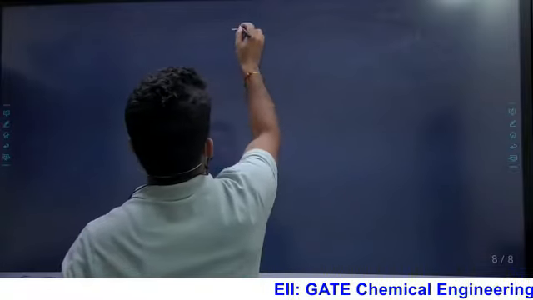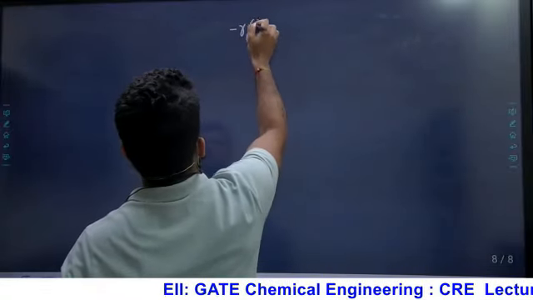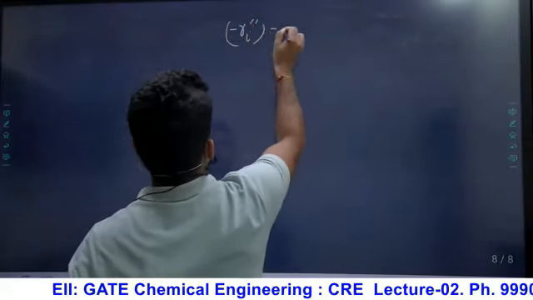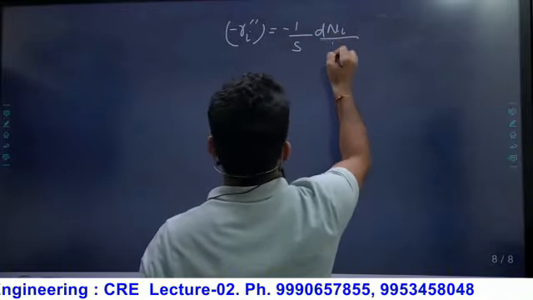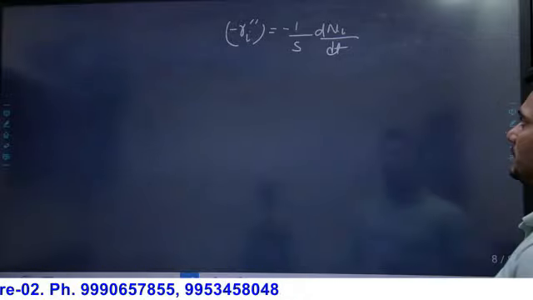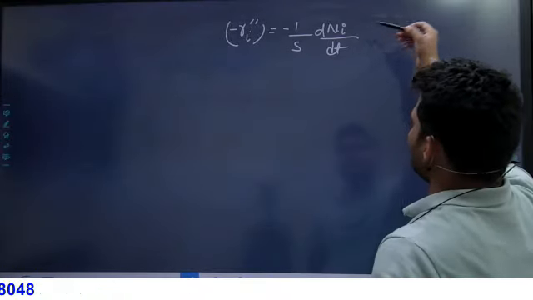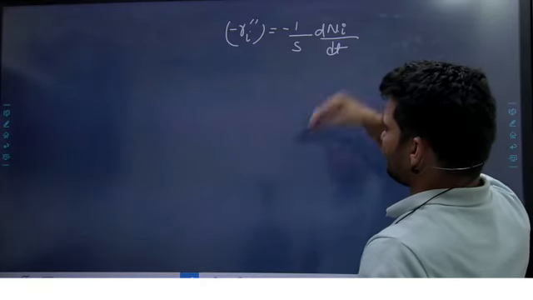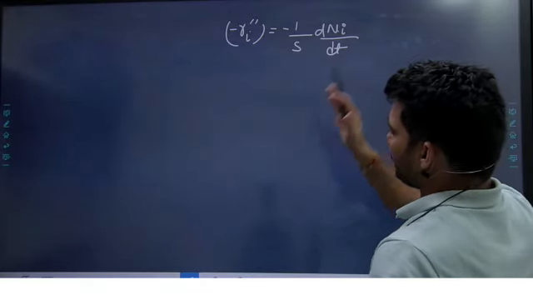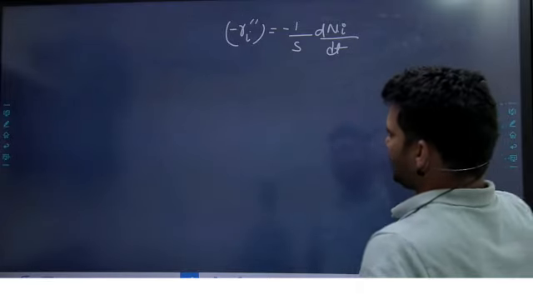You will define it as minus Ri double prime equals minus 1 by S dNi divided by dt. What will its unit be? Moles of A reacted per unit surface area of solid, or per unit surface area of interface of the fluid system, per unit time.